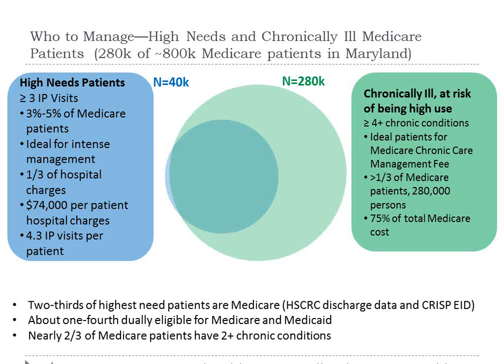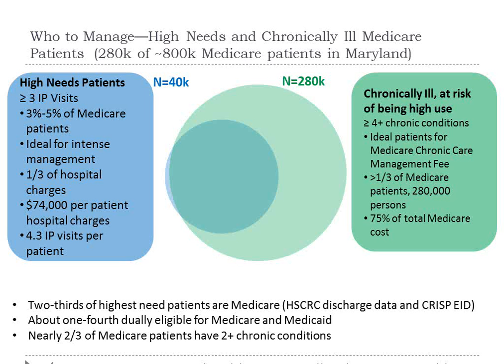To take a look at what might be an ideal mix of patients for the chronically ill, if we think of people with four or more chronic conditions as really needing some extra support from the primary care practices, 1/3 of the Medicare patients have 4 or more chronic conditions.